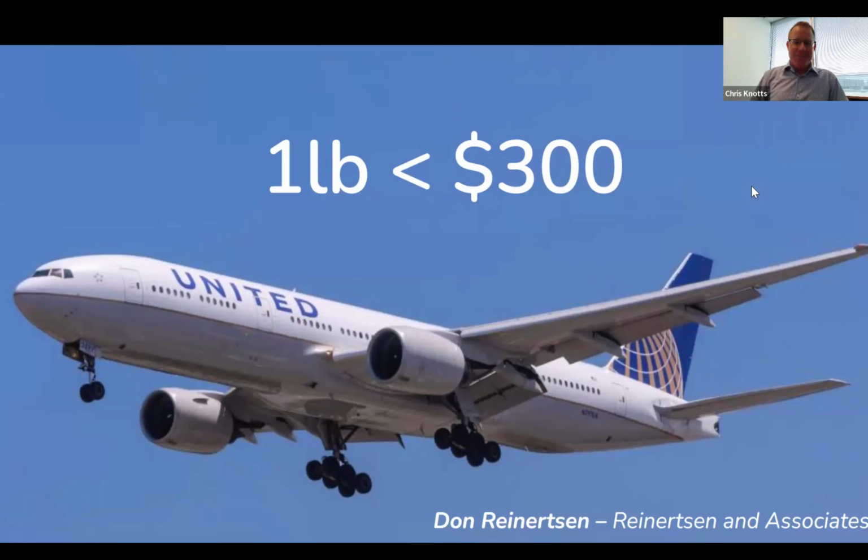This has been a while back, and Boeing's been in the press lately, not for the best of reasons, but when they were designing and building the 737, Boeing was able to come up with rules that essentially, as they were trying to reduce weight when they were designing the aircraft, they were able to find the common economic basis and determine that essentially, for every 1 pound of reduced weight, they knew for sure that was going to be a greater than $300 savings for the product and worth therefore that investment.